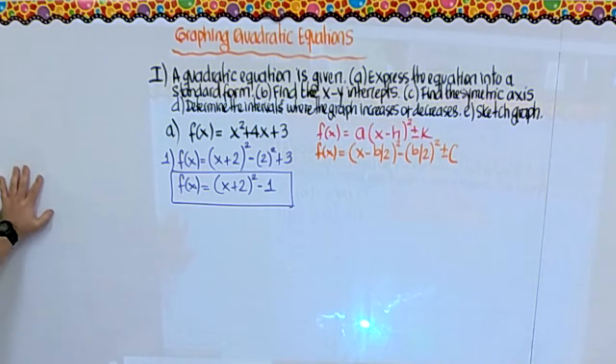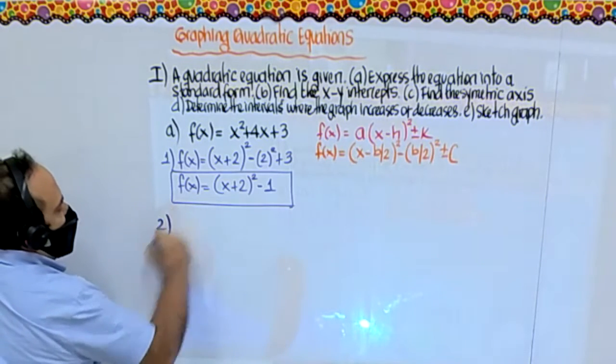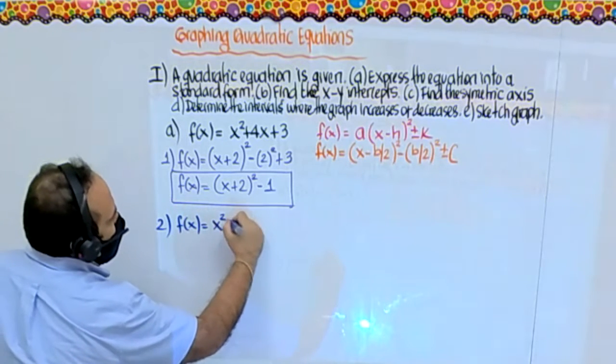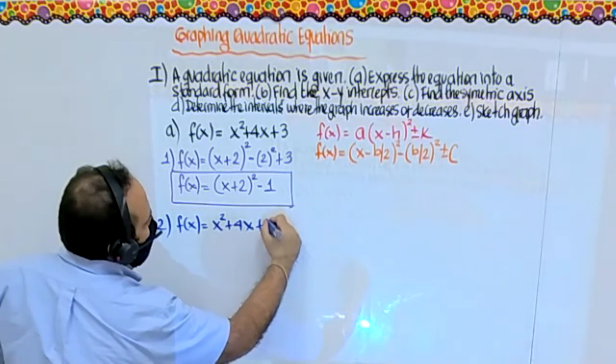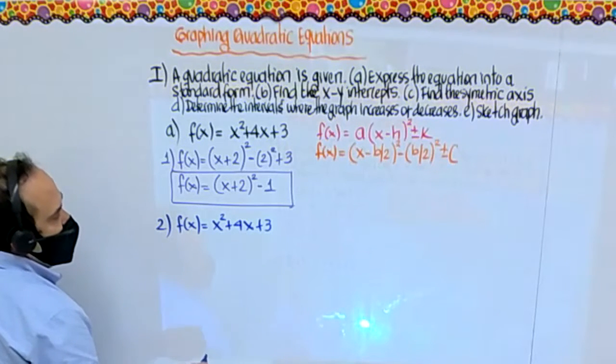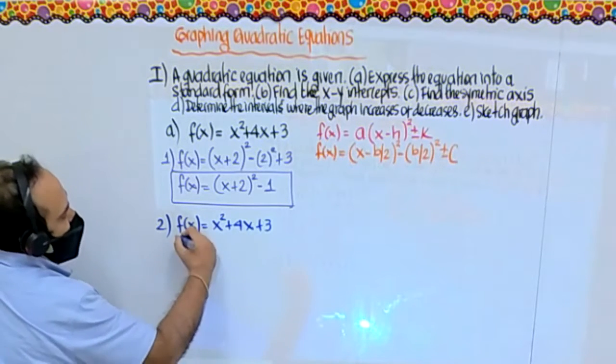In step number 2, we have to look for the x and y intercepts. The y-intercept is simple to find. We have the function f(x) = x^2 + 4x + 3. If you want to know the y-intercept, that is the value of y when x equals 0.